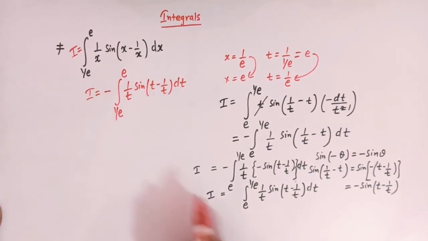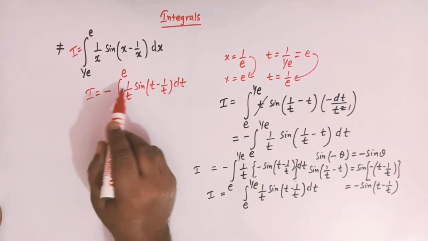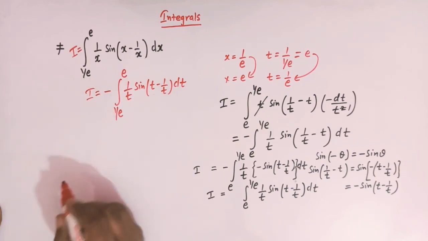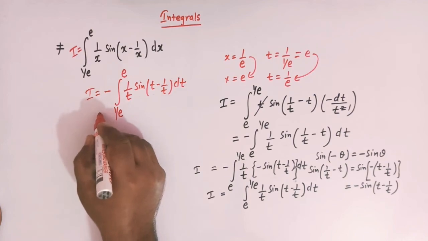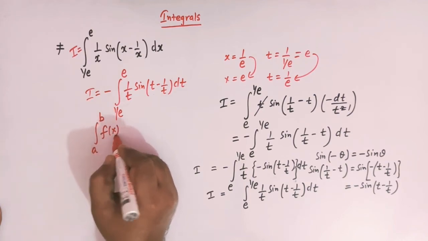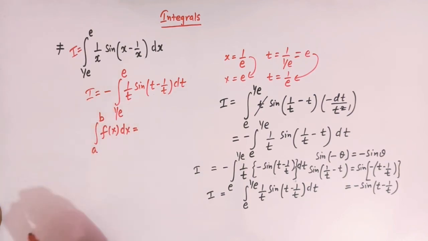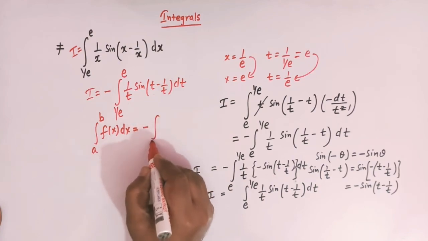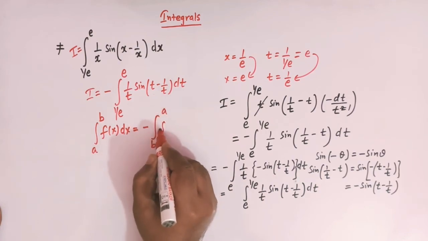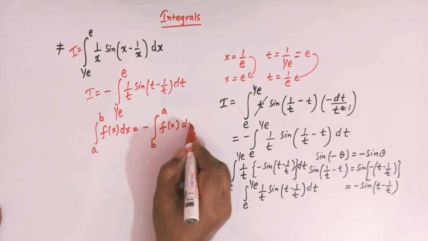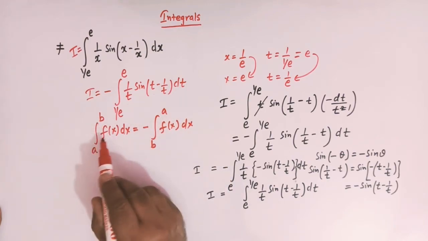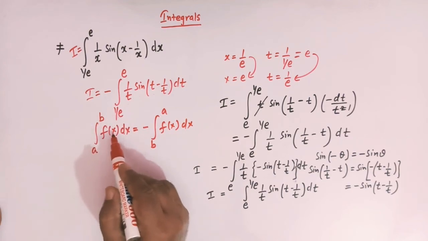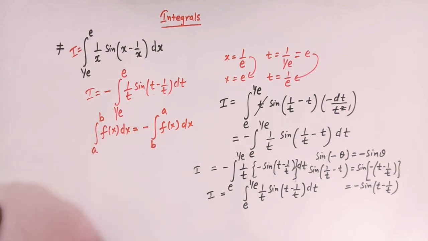Here we have made use of an important property of definite integrals, that is, the integral a to b f of x dx can also be written as the negative of the integral b to a f of x dx. So if we interchange the limits, the value of the integral becomes negative.